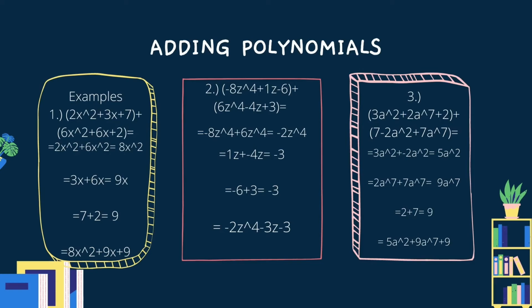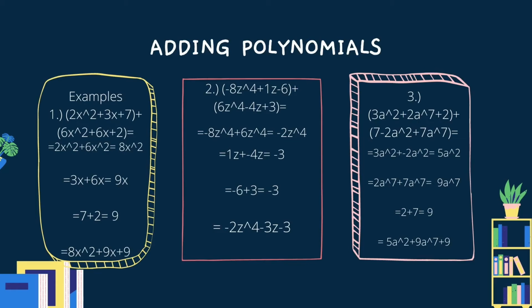Then 1z plus negative 4z, that's negative 3z. Then negative 6 plus 3 equals negative 3. Then the final answer is negative 2z raised to the power of 4 minus 3z minus 3.